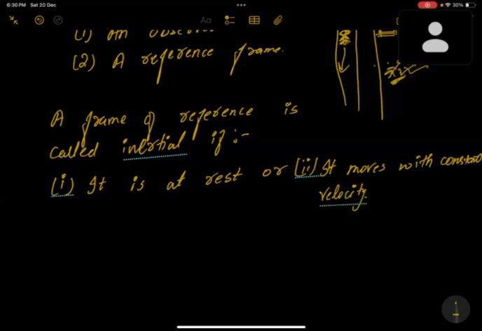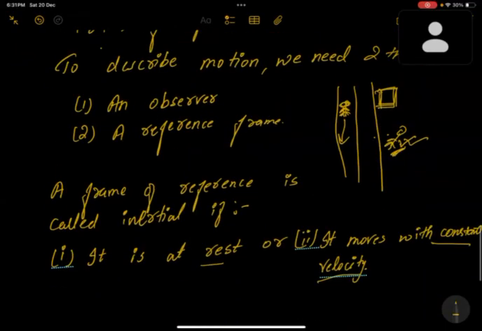A frame of reference is called inertial if there are two conditions. Any one of them is true, then the frame is called inertial. If a body is at rest, then we call this frame inertial. Or if it moves with a constant velocity, then also we call it inertial.